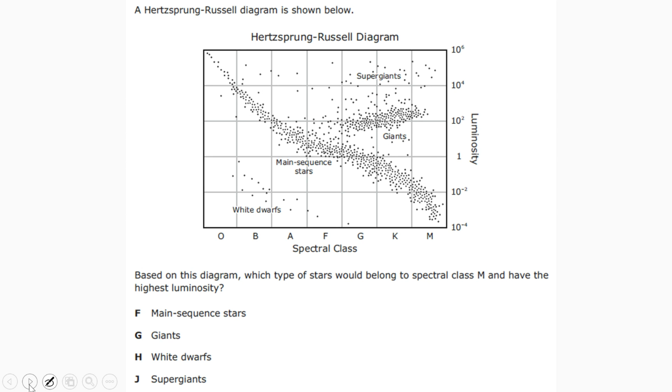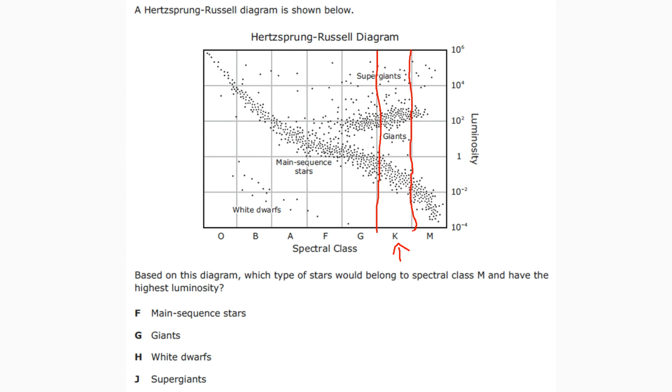Based on this diagram, which type of stars will belong to spectral class M and have the highest luminosity? Don't forget that luminosity also means brightness. We're looking for stars in spectral class K. That's going to mean that the stars we're looking at have to be between these two lines.